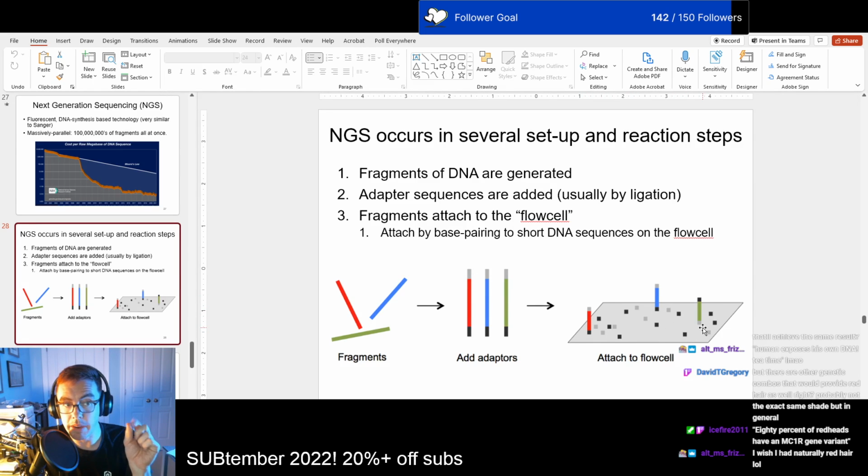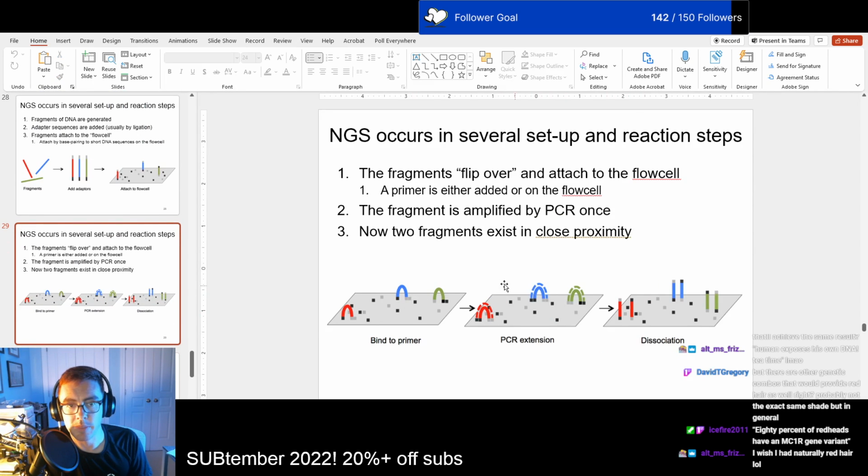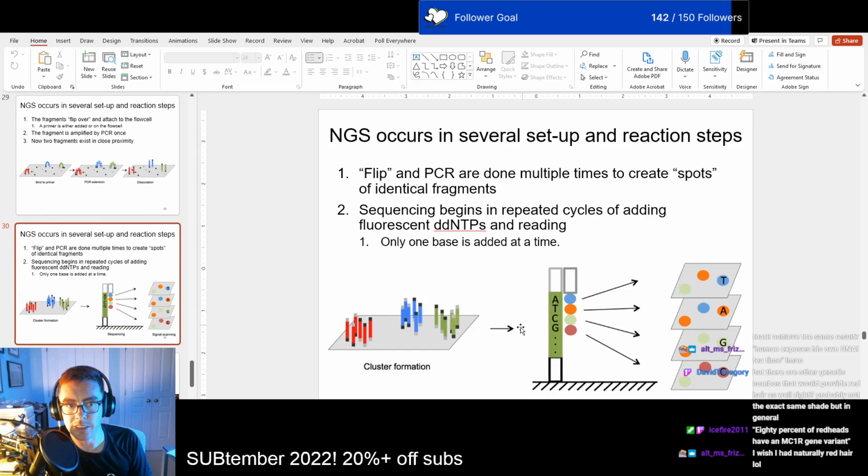Through something called base pairing, these fragments will attach to the flow cell. It's just that A sees a T and G sees a C, and they hang out together. So they get stuck, and then they just amplify. Not going to talk about that, but those amplifications occur in such a frequency that they form these little clusters.